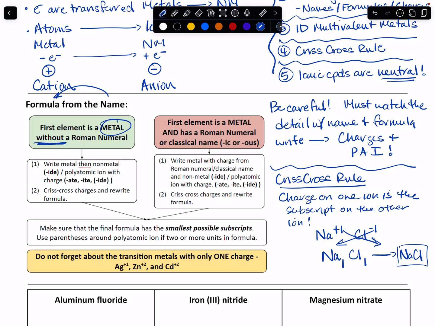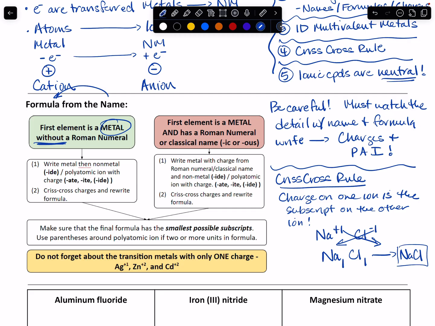The second part is the non-metal portion. It's probably going to end in either IDE, ITE, or ATE. If it ends in ITE or ATE, it is one of your polyatomics. If it ends in IDE, it is most likely an element from the periodic table, with two exceptions, cyanide and hydroxide. Those are polyatomics that end in IDE.